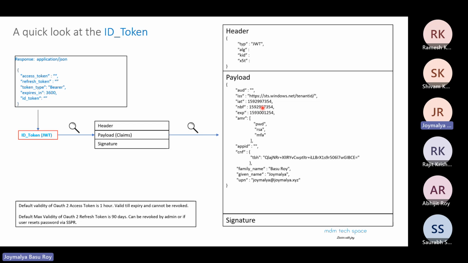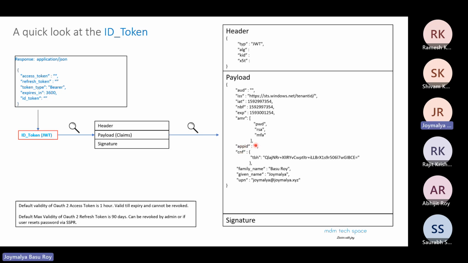And then it also has the expiry time, when the token expires. Then it has the authentication methods used for the authentication. If it was password based authentication, it will have the PWD field. If it was strong authentication, it will have MFA. If it was certificate based authentication, it will have RSA.